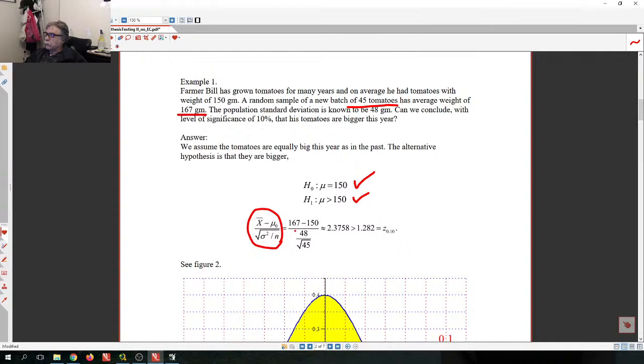On the bottom we have the radical of the variance of the population. Now we have the population standard deviation claimed to be known to be 48 grams, so we can use that. By the way, you have to remember that I'm already using algebra here: when you have a radical of this, you do the radical of the top, which is this, and make it, well, it's sigma, right?